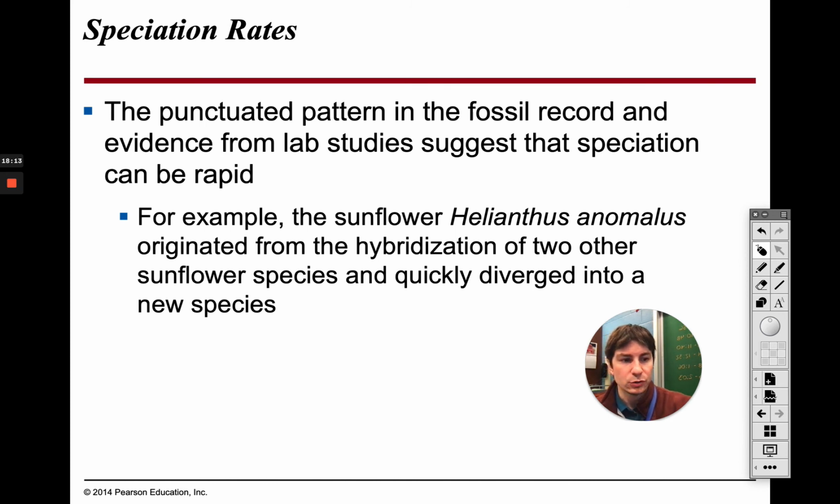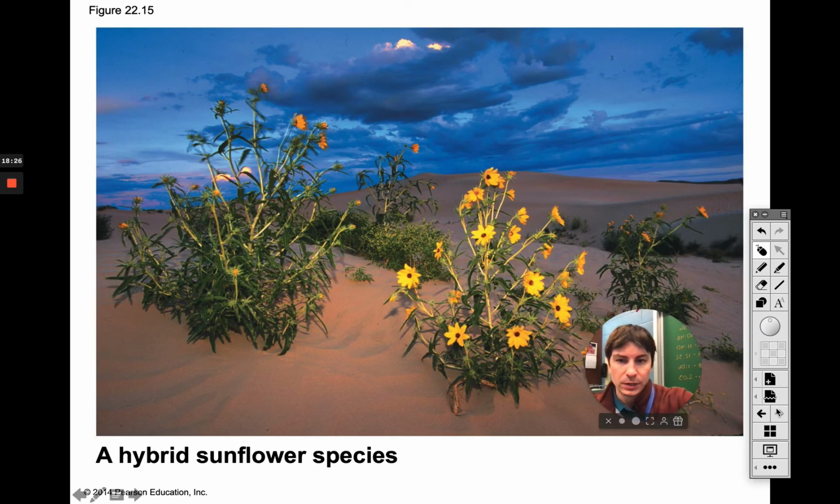So we need to quickly get through speciation so that the new species that come out are well adapted to that changing environment. Here's an example. Obviously sunflowers are not supposed to be in sand dunes, but we have a hybrid here. So speciation occurred with the sunflower in order to make it survive in that area.